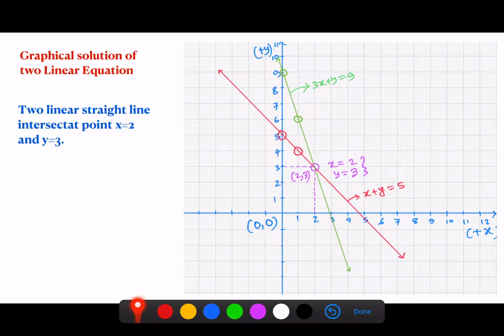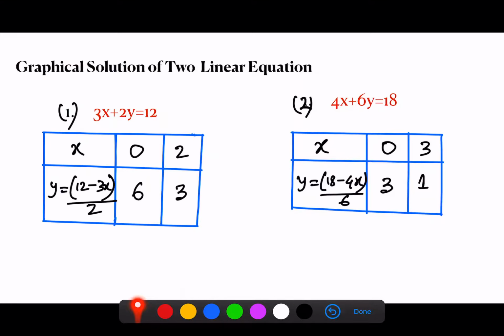Now I am showing you another example, which is 3x plus 2y equals 12 and 4x plus 6y equals 18. I will also solve it graphically. This is the table.